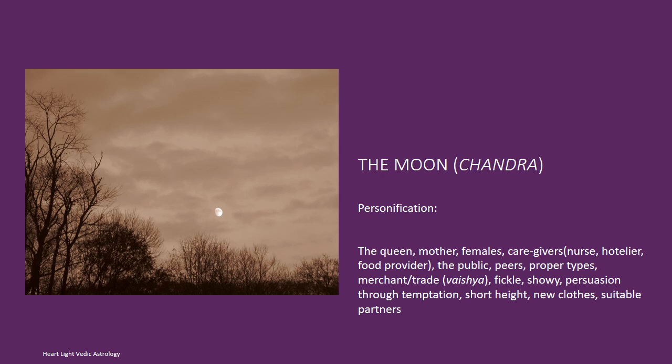So if we were going to personify the moon, what would it indicate? So things like the queen, that high level leadership or overseership position, the mother, females in general, caregivers, somebody such as a nurse or hotelier or a food provider, somebody in the hospitality industry, the public, peers, proper type people, so people who are well mannered and well behaviorally conditioned, merchants and trade.